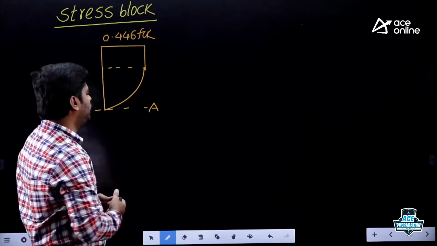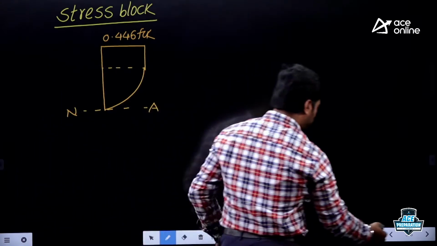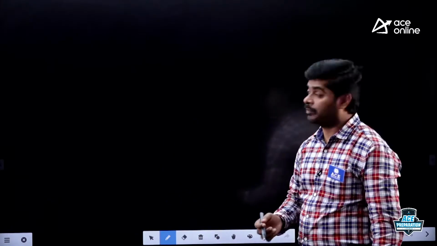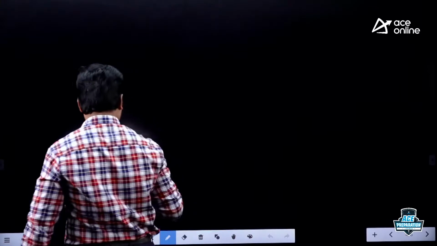Then what are the stress block parameters? Let me give you the stress block parameters also. Stress block is nothing but the stress diagram of concrete in the compression zone, right? In the limit state method, we are going to take a rectangle and a parabola. Let us see the stress block parameters.